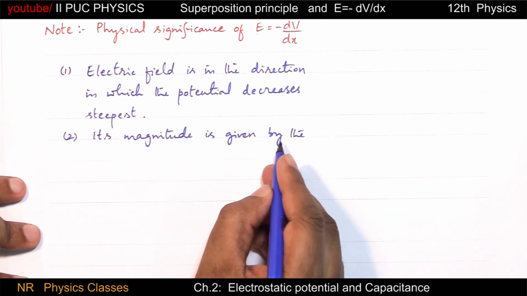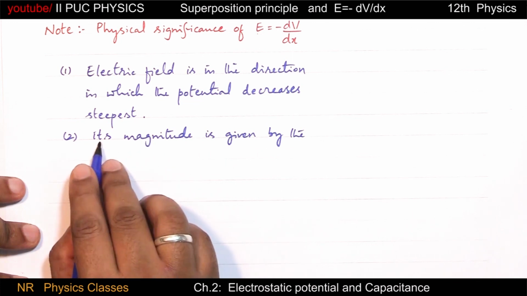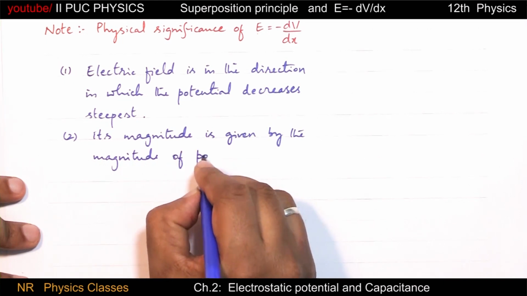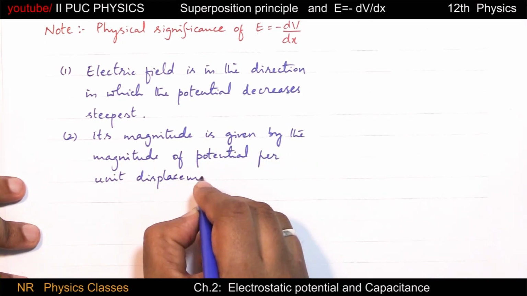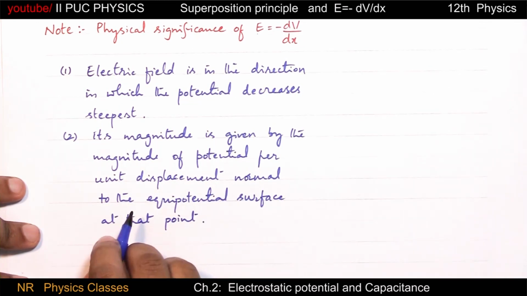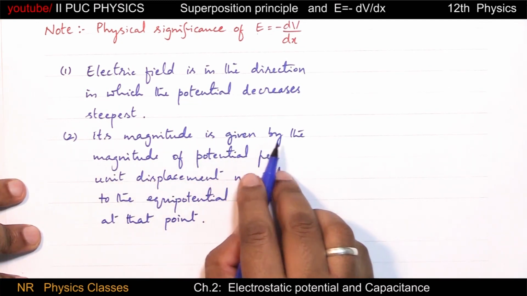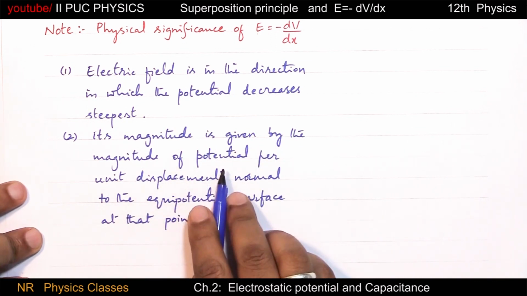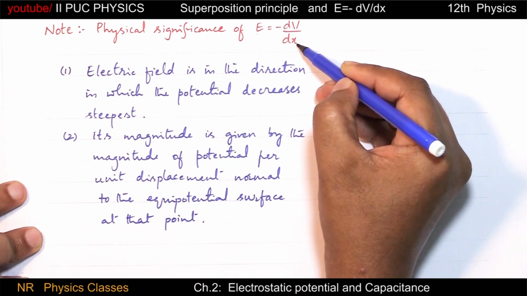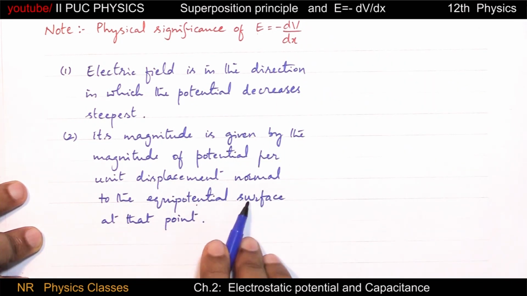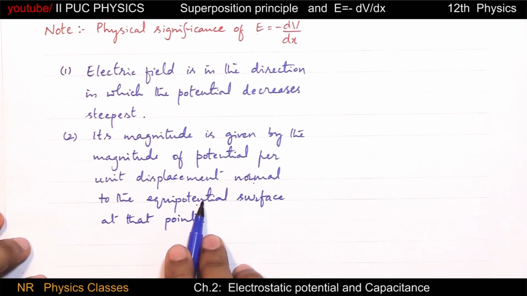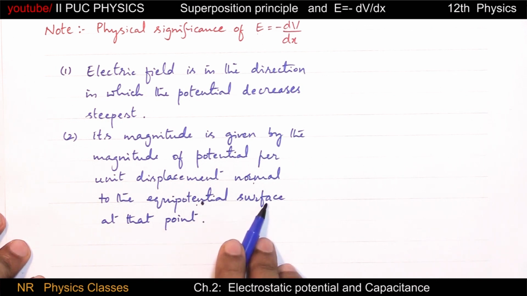Its magnitude is given by the magnitude of potential per unit displacement normal to the equipotential surface, because electric field is perpendicular to the equipotential surface.